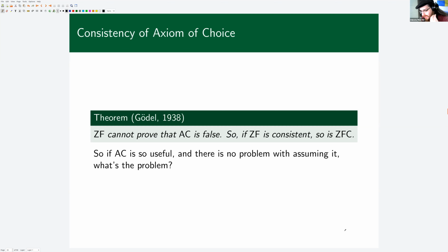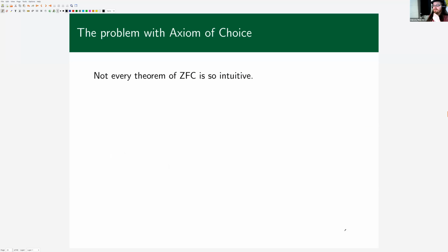Right. So if choice is so useful, and there's this sort of technical evidence that assuming it is not a problem, then what's the big deal? Why did I, in my abstract, and Jim in the advertising emails, say that choice has some sort of controversial status as non-intuitive? Right, so what's the issue?